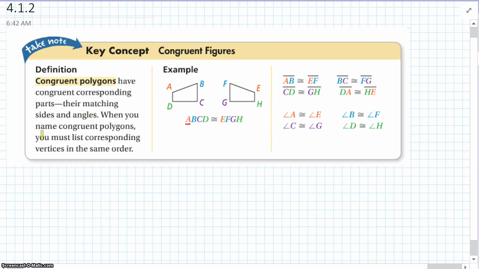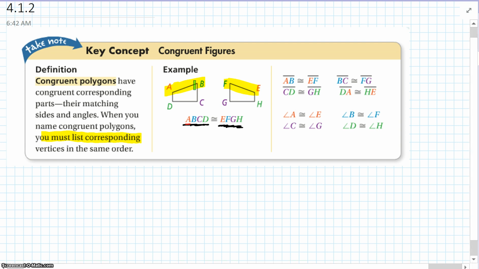When you name congruent polygons, you must list corresponding vertices in the same order. So for example, A is the same spot as E, so we need to have the A and the E together, and then B is to F, so it goes B, F, and then C is to G, so C, G, and D is to H, D, H. So we can say segment AB is congruent to segment EF.